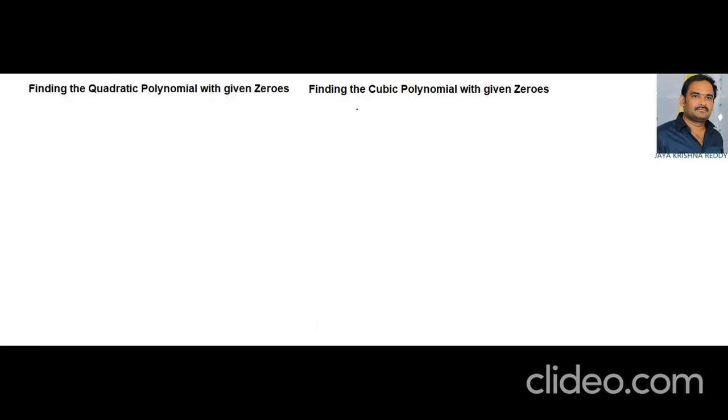Now we are going to discuss the topic of finding the cubic polynomial with given zeros. Before going to discuss that, first we have to recapitulate the topic of finding the quadratic polynomial with given zeros. A quadratic polynomial has at most two zeros. So we have considered the zeros as alpha and beta.